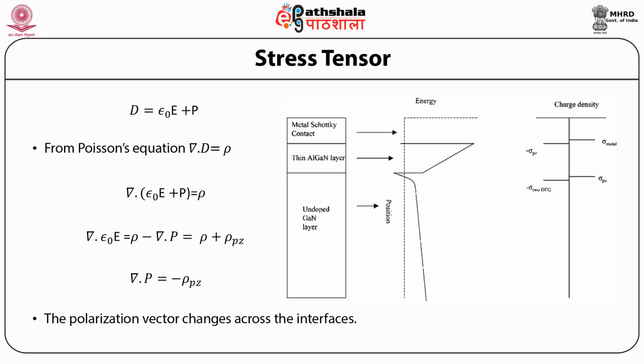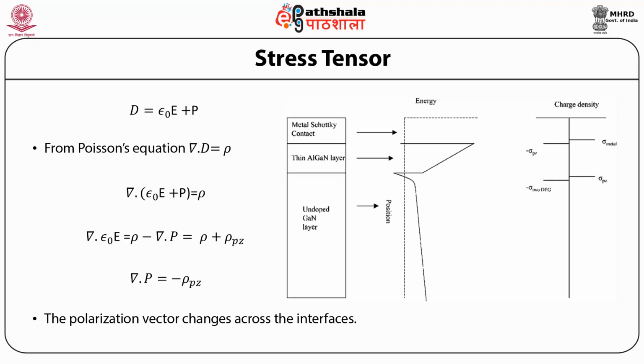So, the strain-induced polarization field can be used to change the local carrier concentration near the heterointerface. In this system, a Schottky metal gate contact is formed on top of a thin AlGaN/GaN heterostructure, and the thin AlGaN layer is strained, resulting in a polarization field which induces a polarization charge density sigma Pz at both interfaces of the AlGaN layer.